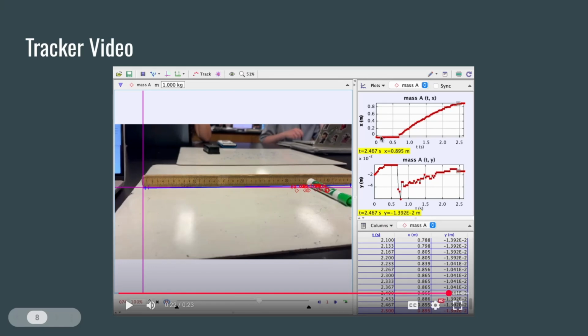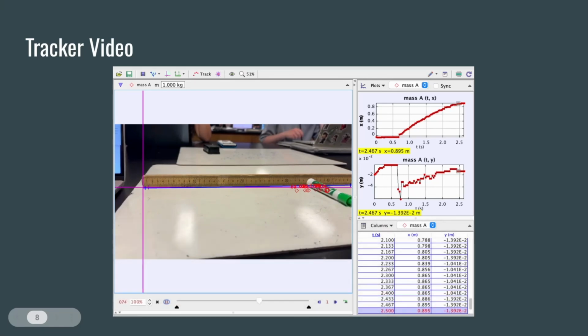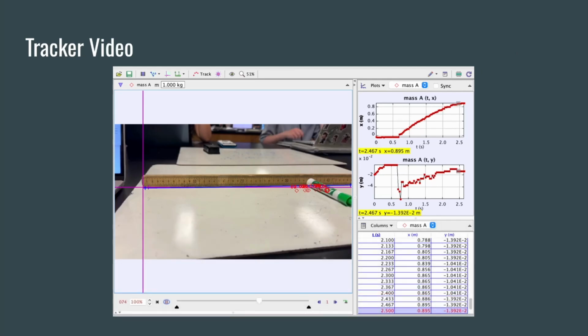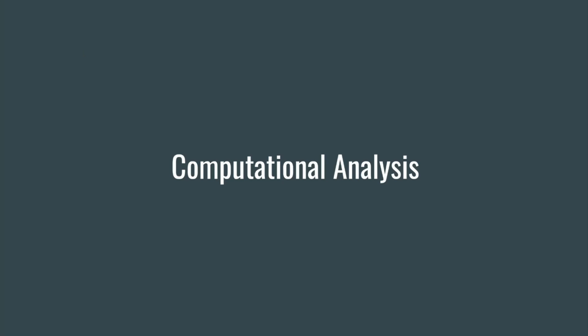As you can see, ignoring this first part, which is just when the object is at the beginning before it starts moving, the object is moving constantly, the position is moving in a constantly upward direction, which is pretty consistent with our predictions, which we're going to see in just a few moments. Because the position of the object is moving constantly upwards, that means the slope is constant, which tells us that the velocity is also constant.